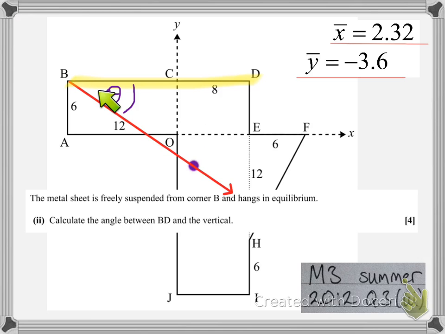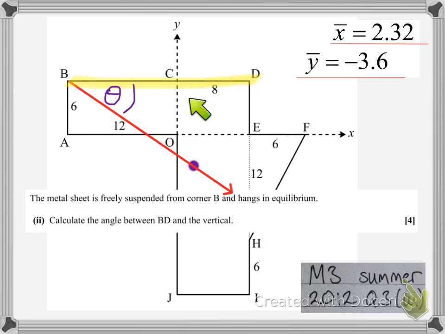So I've drawn my line through B, through the centre of mass, and I want the angle between this line and the line BD, which is highlighted here. So the angle I want is this one, which I've labelled theta. Now from here it should be straightforward, especially in a 2D question, because we can make a right angle triangle and just use SOHCAHTOA.